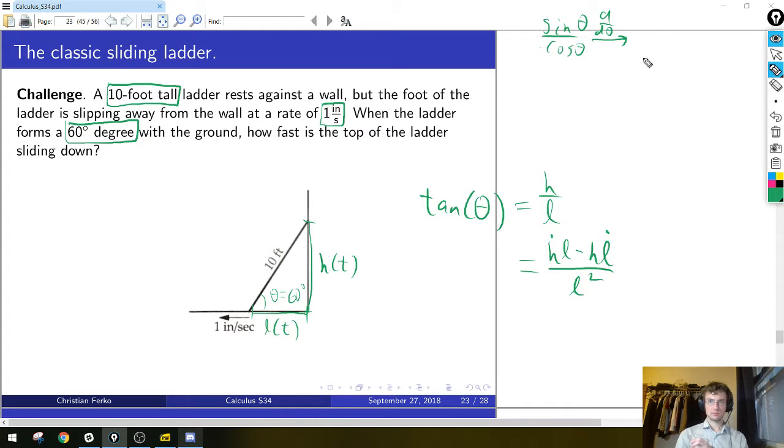The derivative of sine is cosine, so we're going to have cos squared theta minus, negative sine squared theta. So it's going to be an overall plus sine squared theta, all over cosine squared.